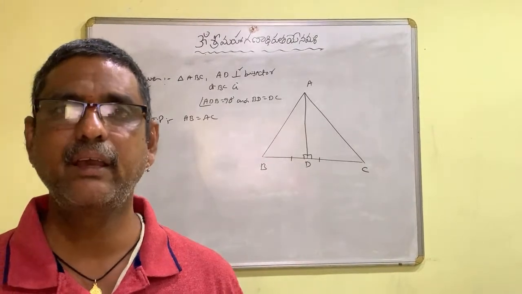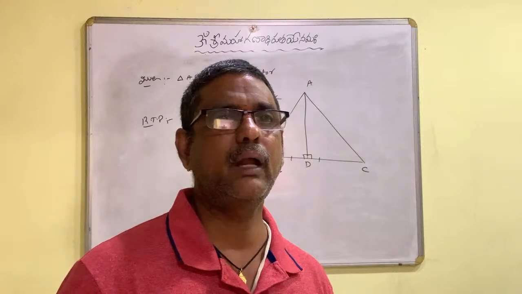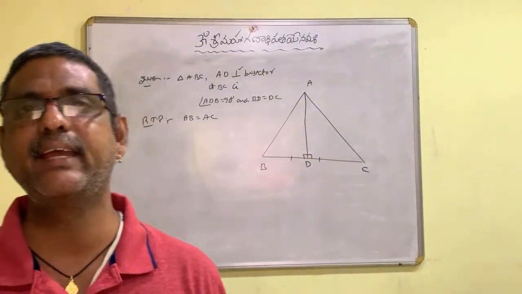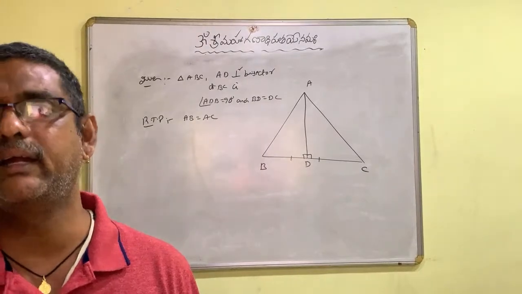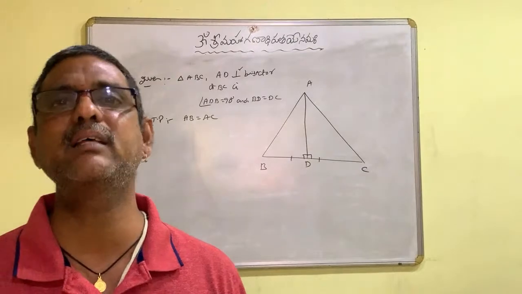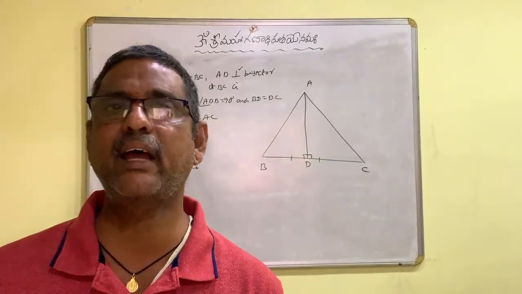That means if we prove triangle ABD and triangle ACD are congruent, then by CPCT AB is equal to AC, because AB is in triangle ABD and AC is in triangle ACD.